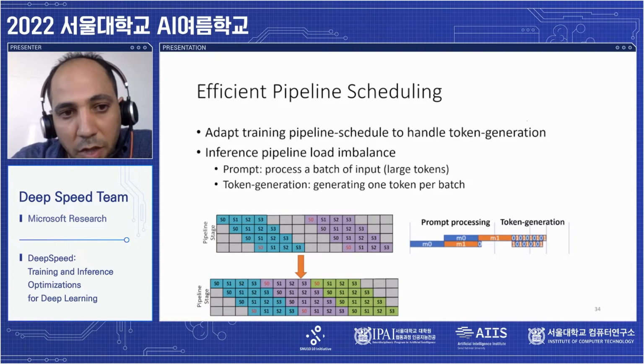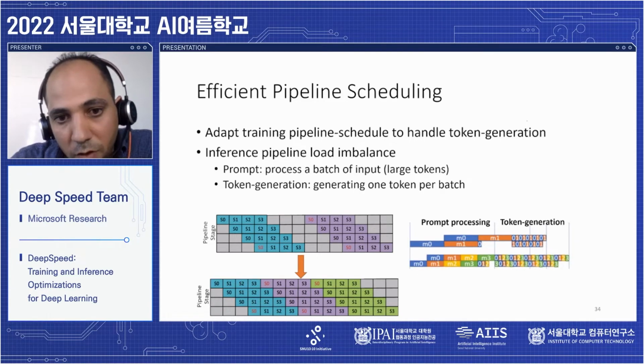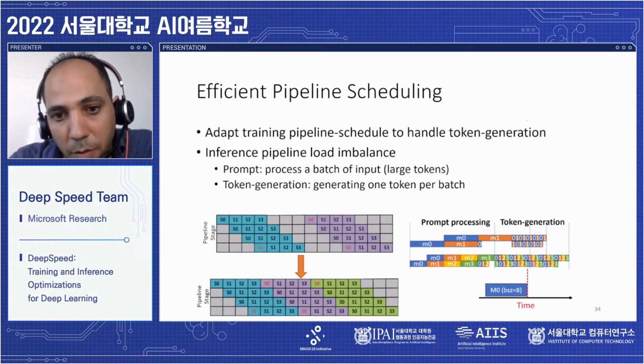the pipeline is very imbalanced between the prompt and token generation phase. On the right figure here, we see that the prompt part has a large number of tokens, and it results in a long bubble in the system. So to resolve that issue, we can reduce the prompt length and divide it into smaller micro batches. But then we have the problem of increasing the token generation phase, and that's because the token generation phase is normally memory bound. So here, let's consider an example of a micro batch size of 8, taking Y latency.